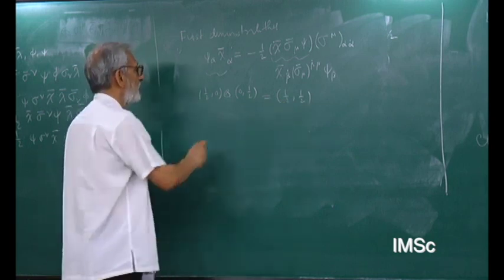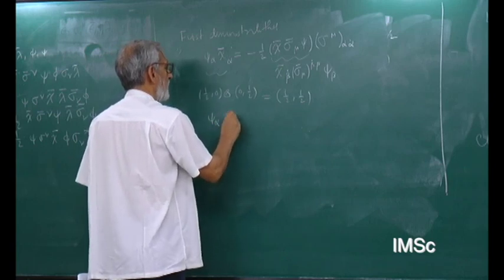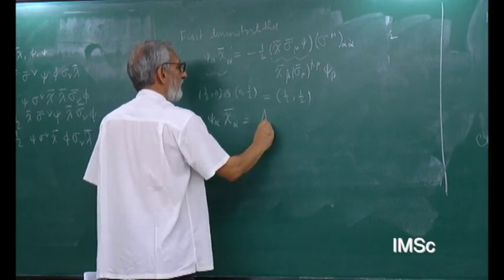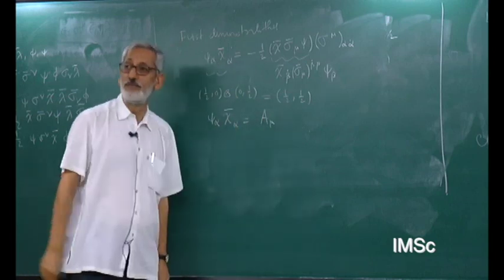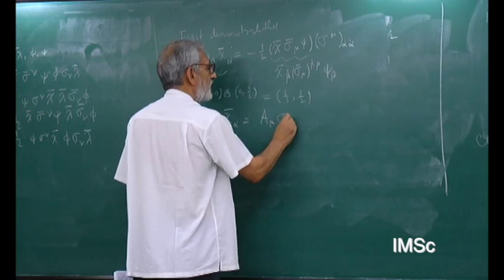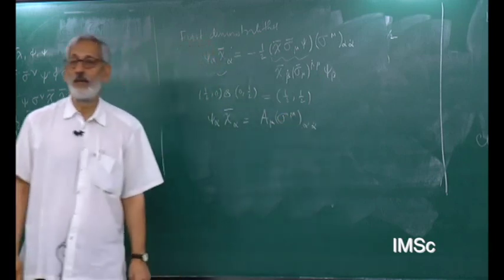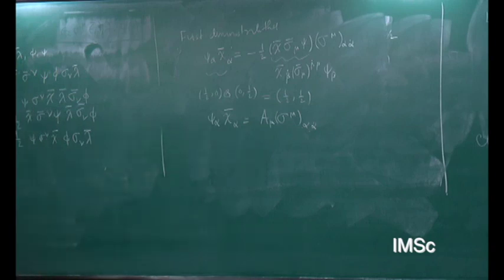So therefore I should be able to write psi alpha chi bar alpha dot to be a vector A mu times sigma mu alpha alpha dot. This is what we use in setting up the supersymmetry algebra, the same rule.